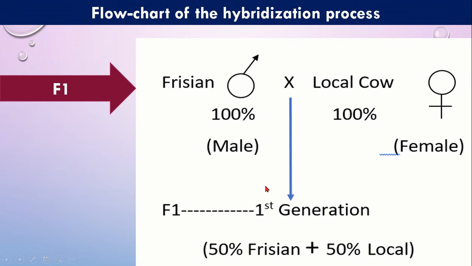So this is the first generation. Remember that if this one is male, you cannot inseminate the Friesian semen here for the next steps. But if it is female, then you can inject again for the next generation. So this is the first step, or first generation.